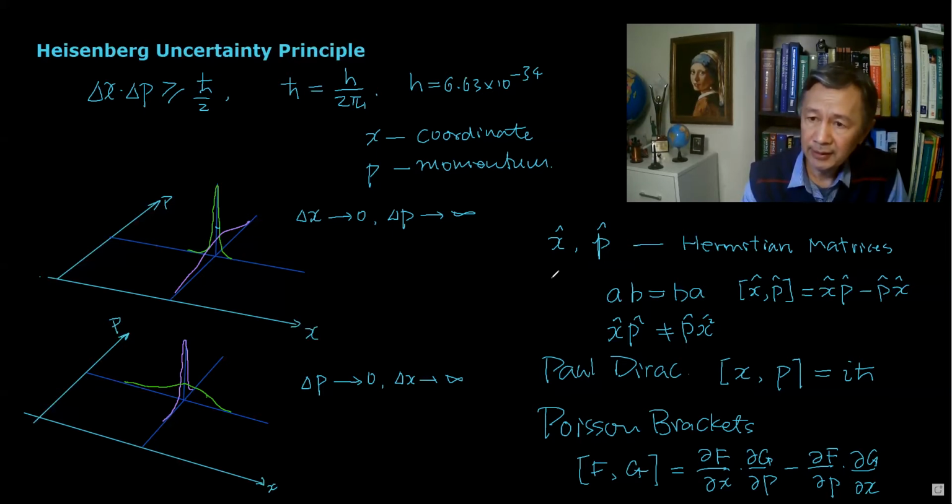In this case, we just state the conclusion. We will see that delta x times delta p is greater than or equal to one half of the absolute value of the Dirac bracket [x, p].